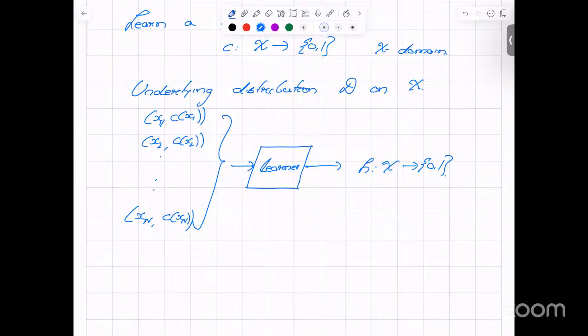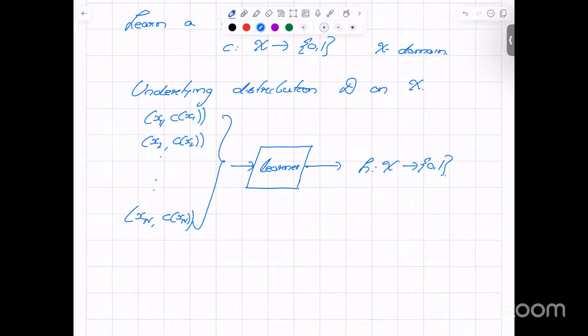So there is an underlying fixed concept, which, given a picture, tells you whether it's a cat or not. Each time you pick a picture, you get to see several such samples and their labels. Based on it, you come up with a hypothesis, and the question is, how good is the hypothesis? The hypothesis should approximate the actual concept that you are learning.